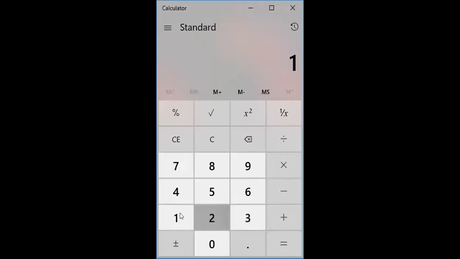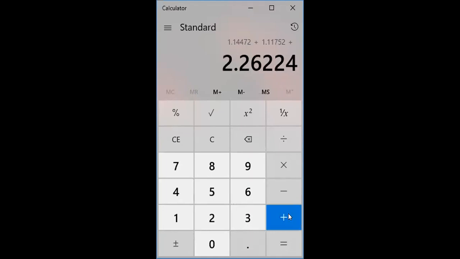It's 1.14472 plus 1.11752 plus 1.12168, equal to this, then divide by 3.